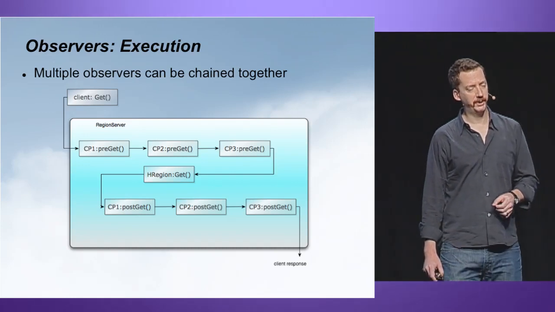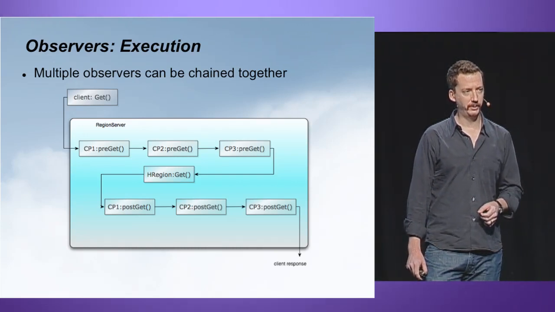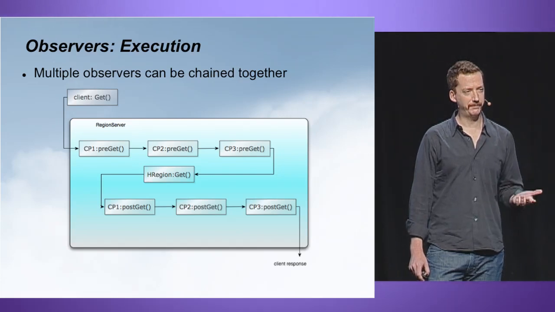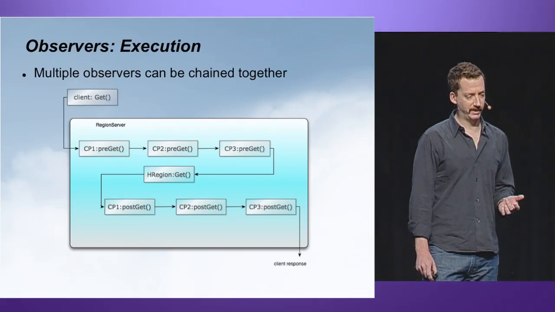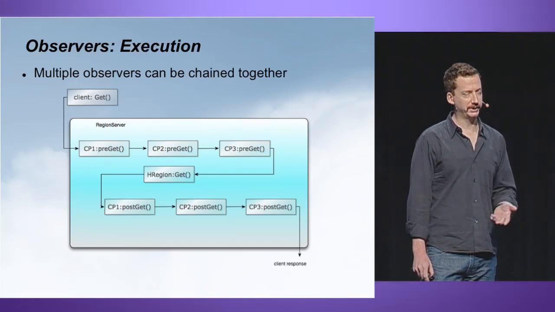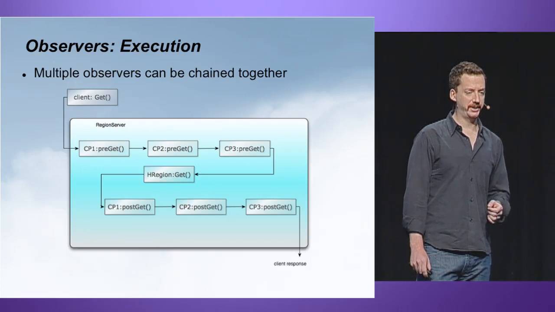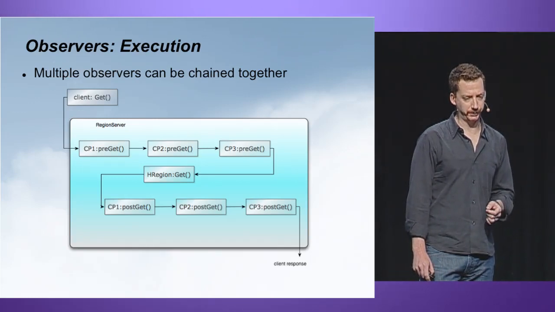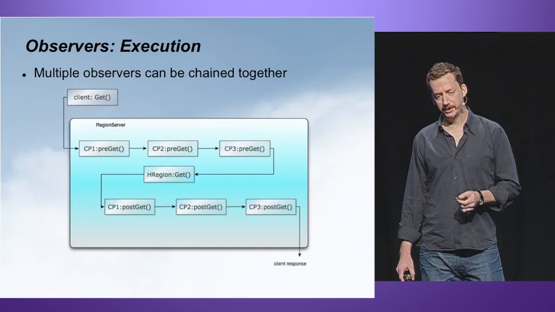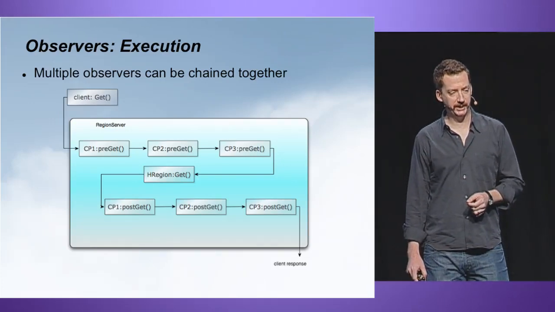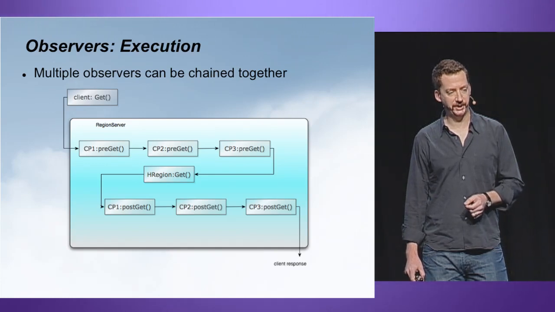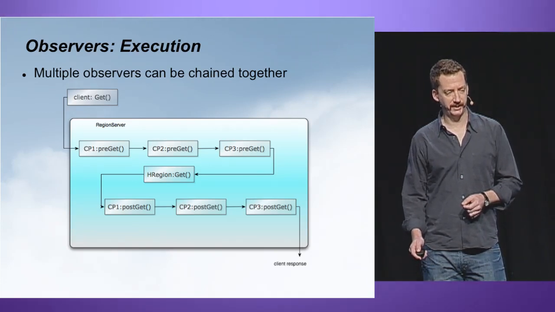Coprocessors can be loaded in different priorities, allowing you to identify certain types of coprocessors as more definitive, and we use this functionality for security in order to authorize requests before they continue elsewhere. So each of the loaded coprocessor pre-hooks gets called. Then we continue on to normal HBase processing, in this case the HRegion get call. Finally, the post-hook gets called on each loaded coprocessor, and then the result is returned to the client.